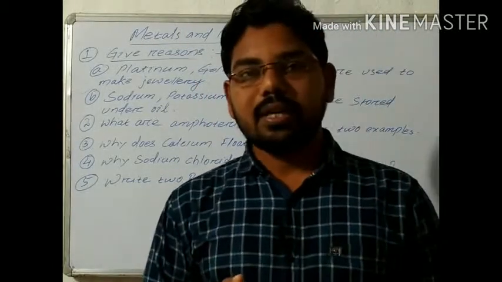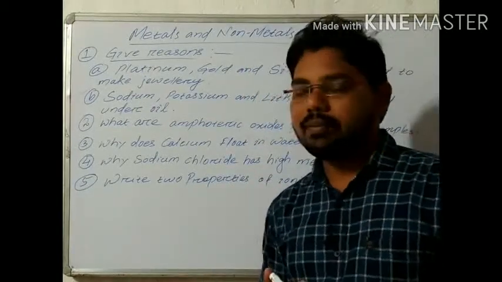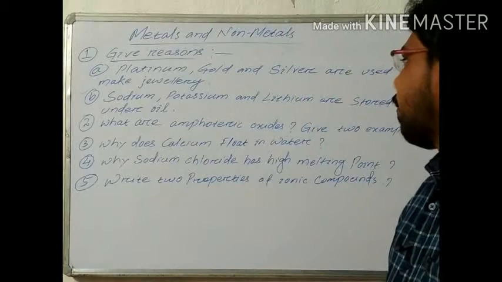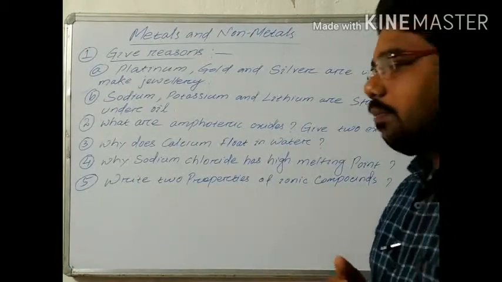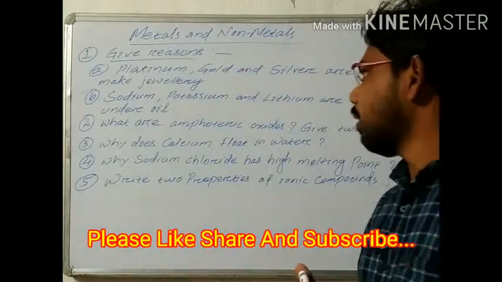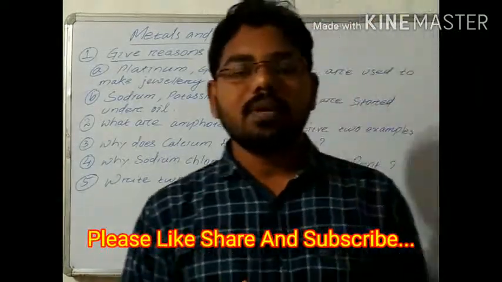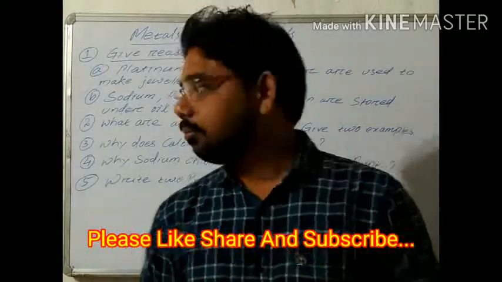That's why they easily oxidize on contact with water or moisture, and they burn. That's why we have to store them under oil, because oil prevents oxidation. Mostly, sodium and potassium are stored in kerosene oil.